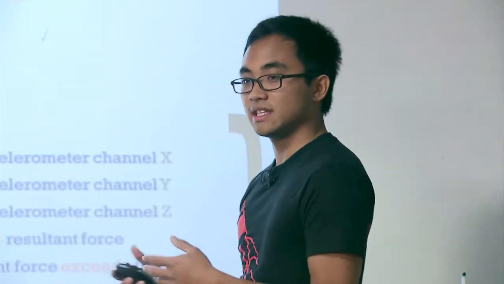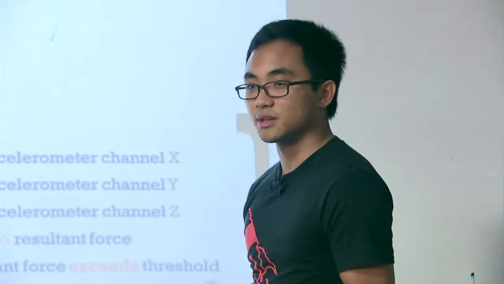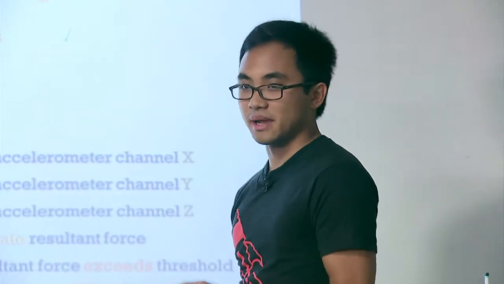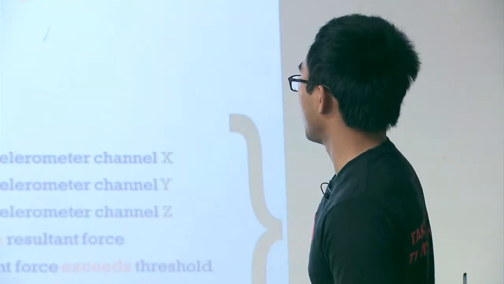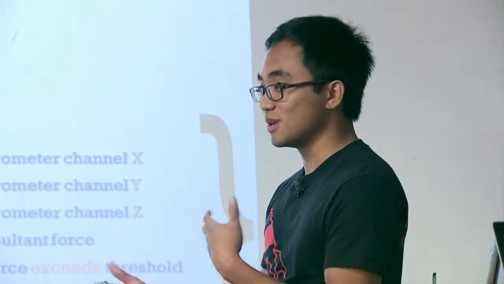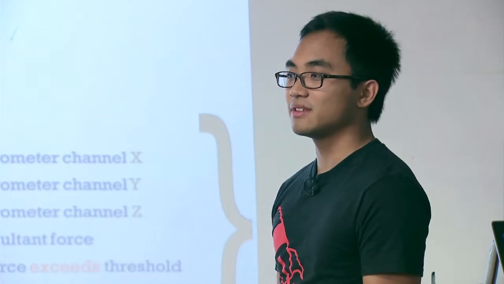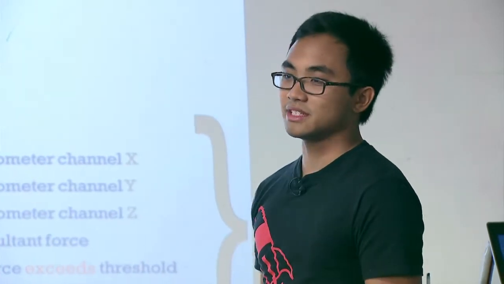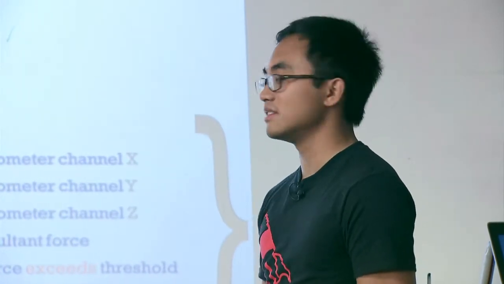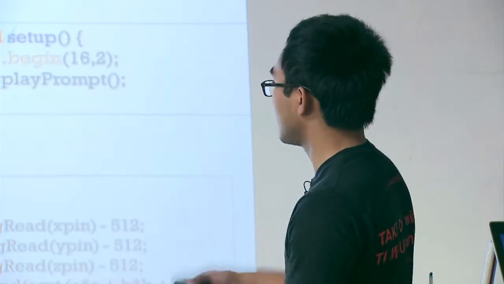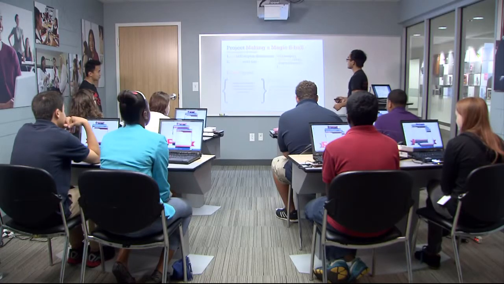And if that output vector exceeds a particular strength, that's how we know that our LaunchPad is actually being shaken. And if it is being shaken to a certain level, that's how we know that, hey, I should probably display a random message now. And that's all happening inside of the code in front of you today.